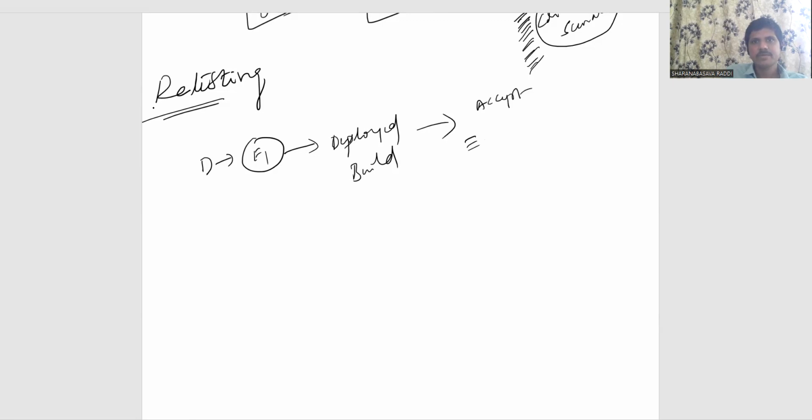That is fine. After accepting this build, we are trying to execute component level test cases, or we are doing the component testing. After that, we are doing system testing and all, right?